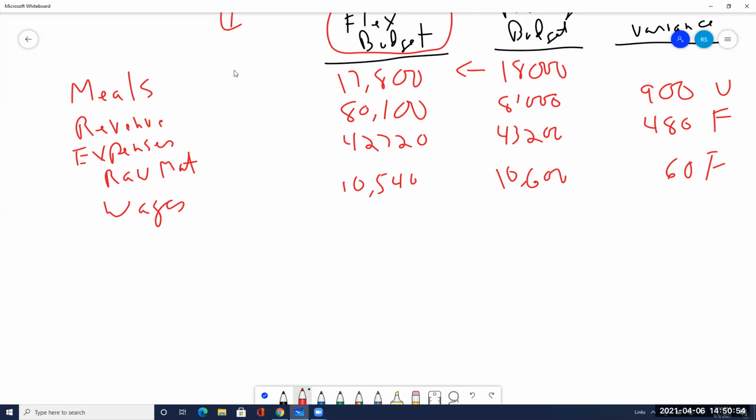That's wages and salaries. Utilities: 3,290 and 3,300, $10 favorable.